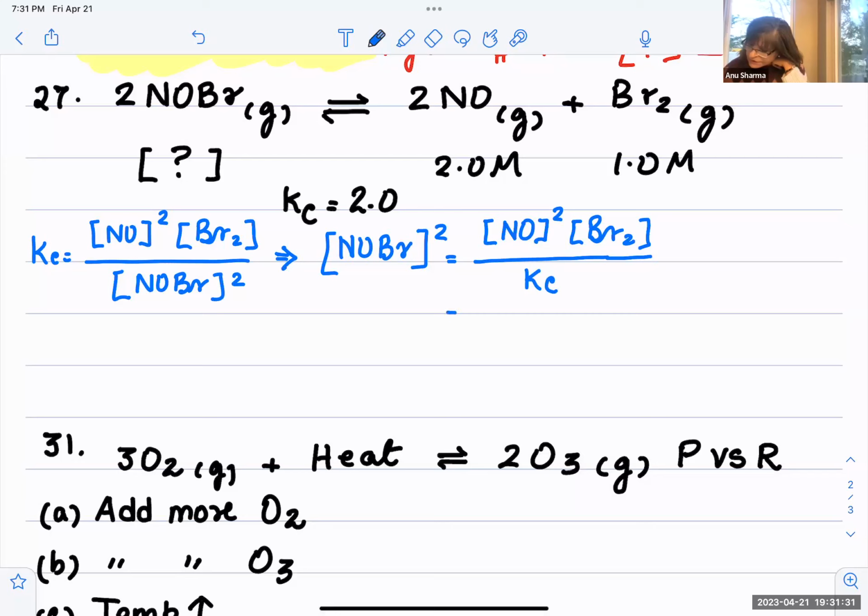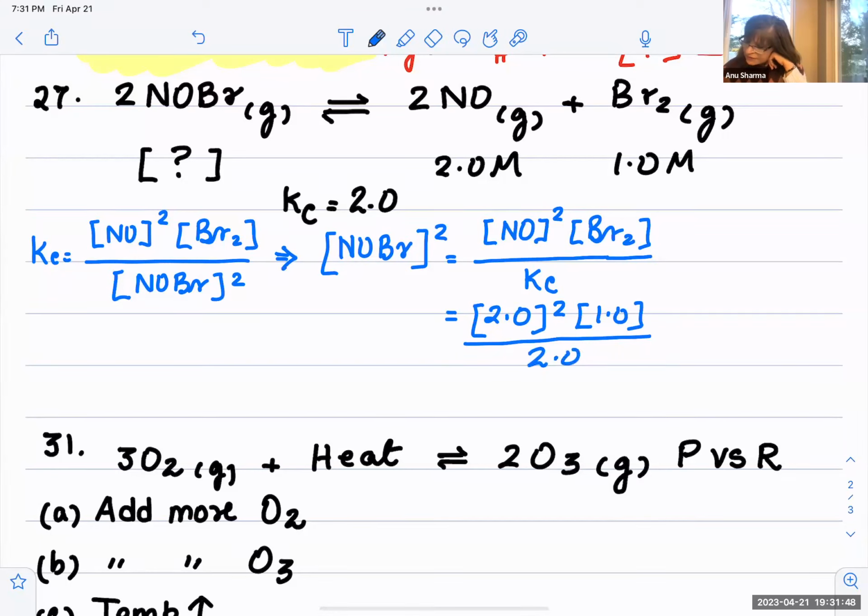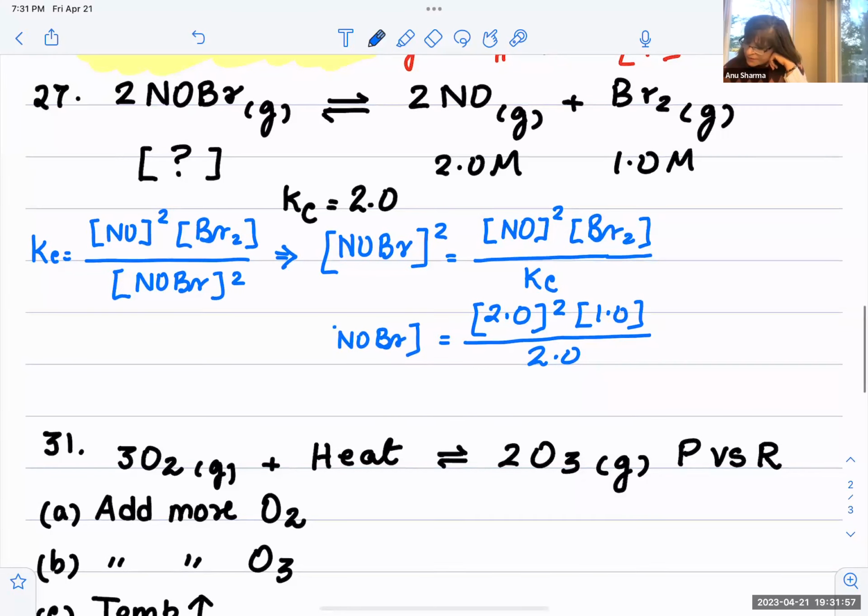So NO is 2.0 raised to the power 2, times Br2, which is 1.0, and the Kc value is 2.0. Let's solve for NOBr raised to the power 2. 2 times 2 is 4 times 1, and then divide that by 2. So this is basically 2.